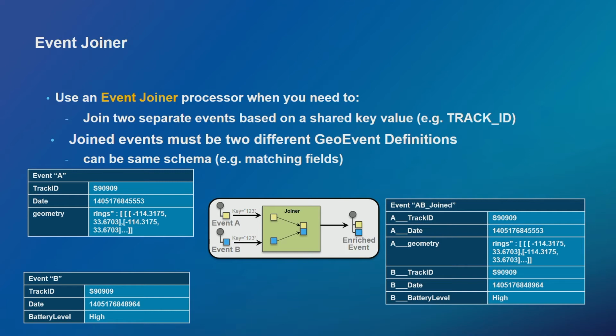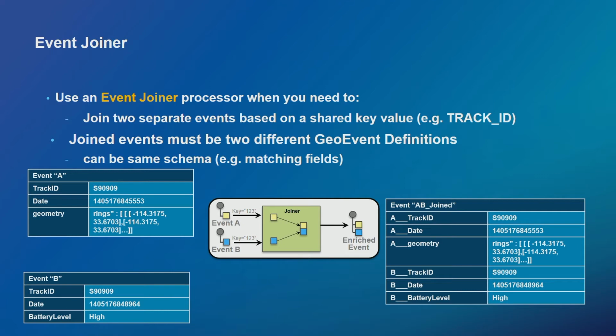The two incoming event definitions must be two separate event definitions. You can't use the same definition coming in, or we'll never know when it's got two that match. However, the field names in the outgoing event are renamed to include the incoming event's definition, so you can have matching fields between the two event schemas.